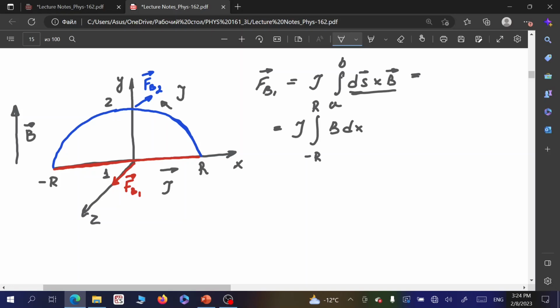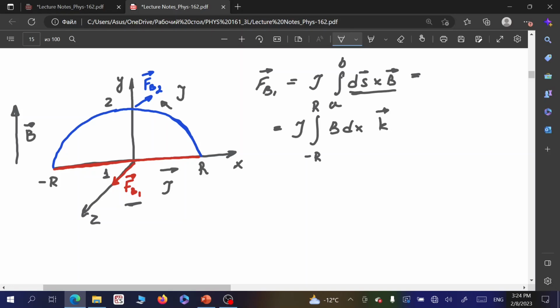Then we have right angle between magnetic field and axis x. That will give us sine 90 degrees, which is unity. So we have just B times dx. And on top of that, we would like to add k unit vector to define the orientation of magnetic force. We know that this magnetic force FB1 will be aligned along the axis z, means that orientation will be given by k unit vector.